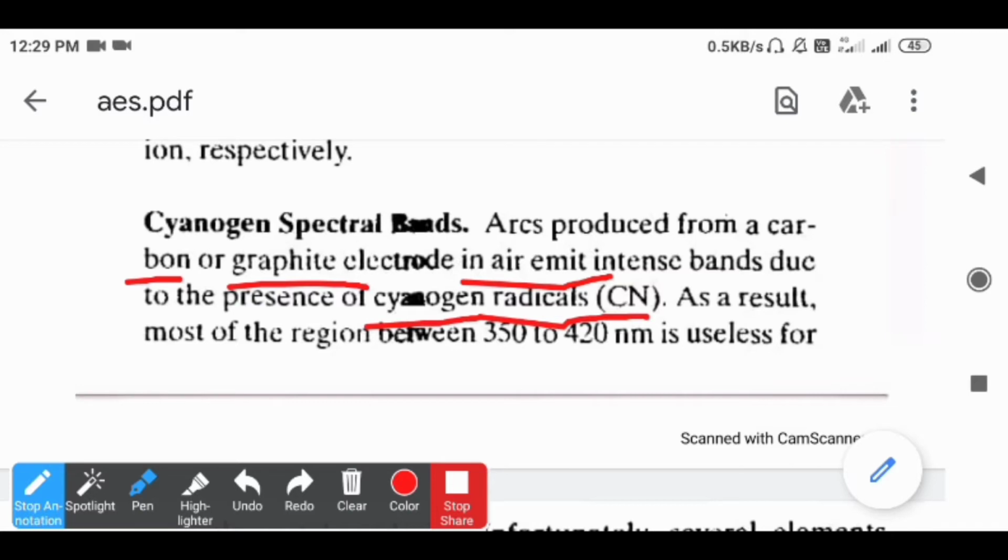As a result of this emission of the cyanogen radical band, we get sharp spectra or sharp lines at around 350 to 420 nanometer. So this is an important wavelength region, 350 to 420 nanometer.